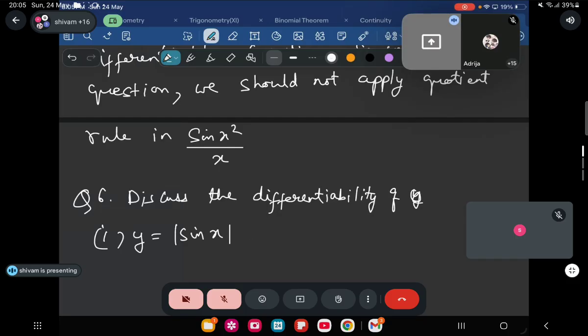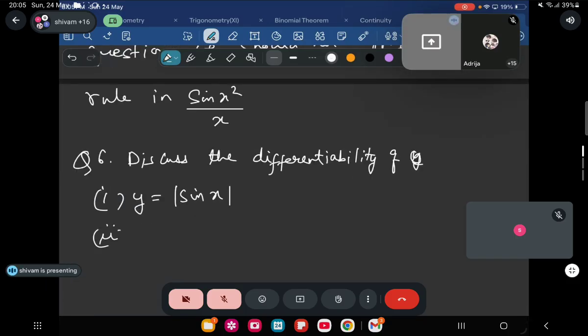Okay, you have to tell me at which points it is differentiable, non-differentiable. What is it? Number 2: y equal to x into mod of x at x equal to 0.